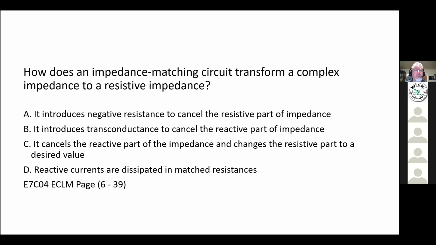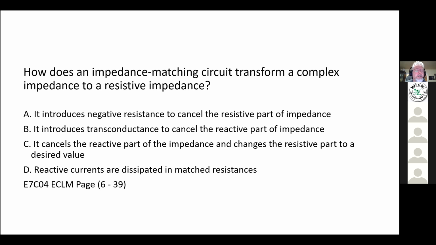How does an impedance matching circuit transform a complex impedance to a resistive impedance? A, it introduces negative resistance to cancel the resistive part of the impedance. B, it introduces transconductance to cancel the reactive part of impedance.